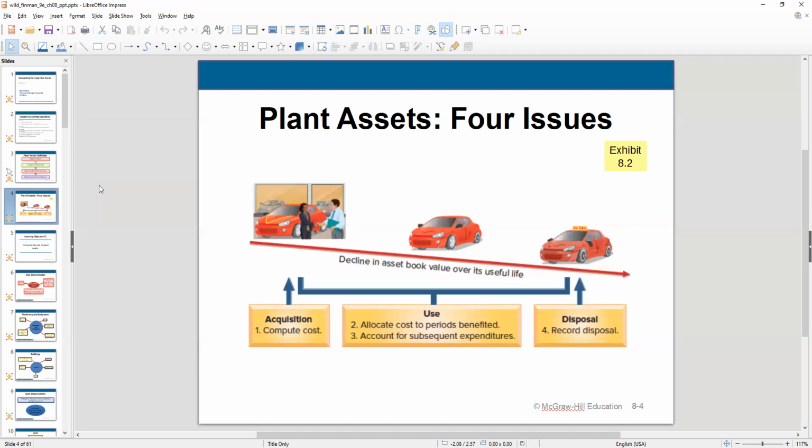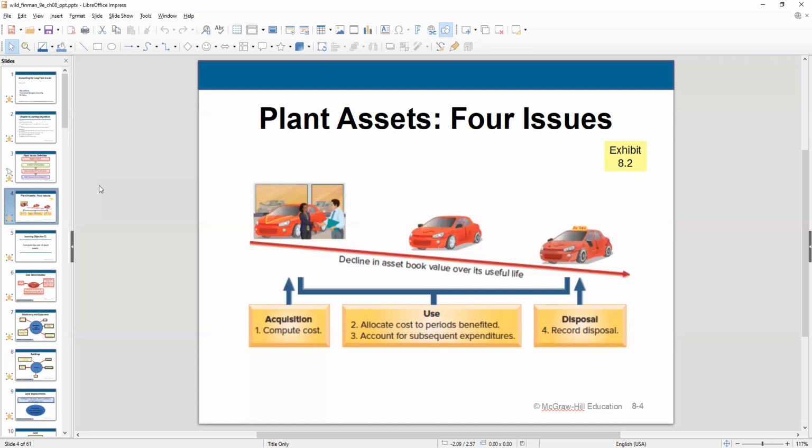You may decide to do it for longer. The life is determined by you, and I'm thinking about how the IRS treats it. I'll get into that in a minute. But you're going to decide how long the asset is going to last, and you're going to depreciate it accordingly.